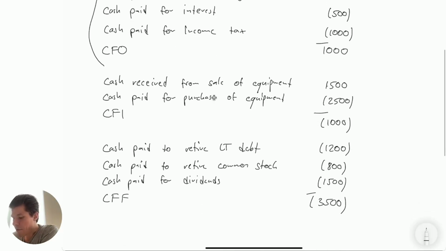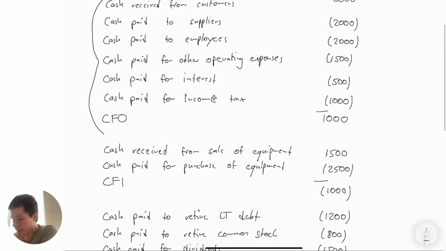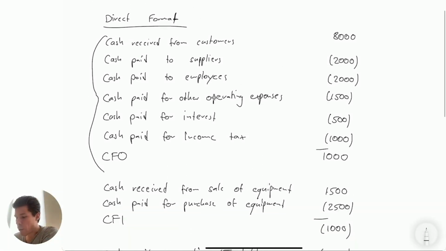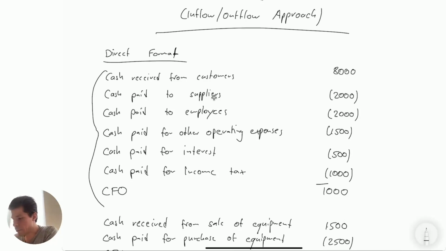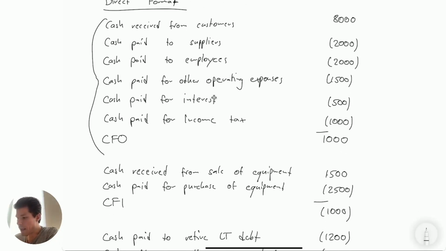CFI and CFF are always expressed in the direct way. So what we are going to do is use the common size, inflow-outflow approach for this format, and also if CFO had been expressed in the indirect format.